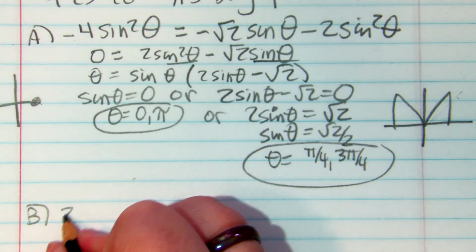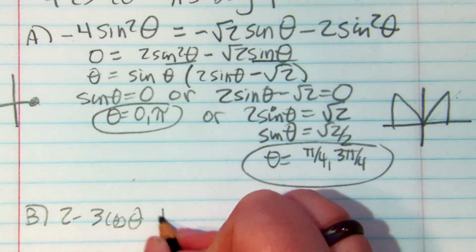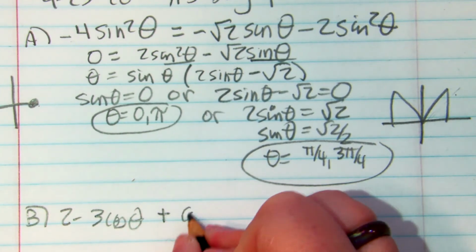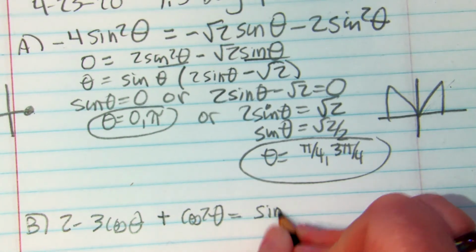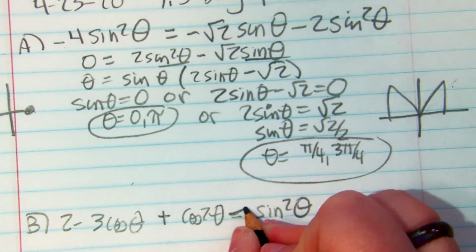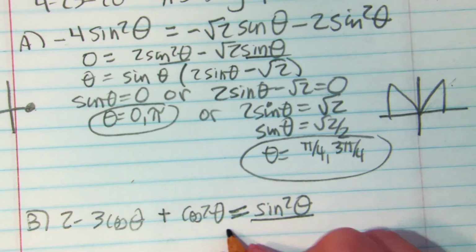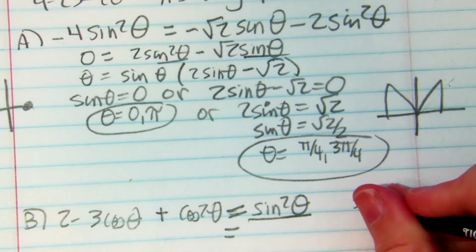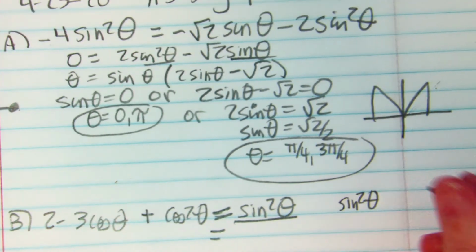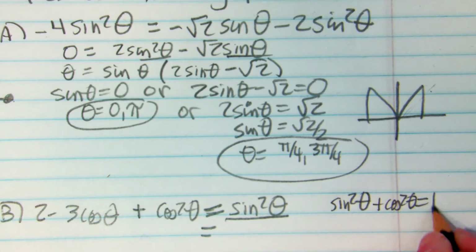This one is 2 minus 3 cosine theta plus cosine squared theta equals sine squared theta. One of these things is not like the other. This is different, so we're going to substitute, since sine squared theta plus cosine squared theta equals 1.